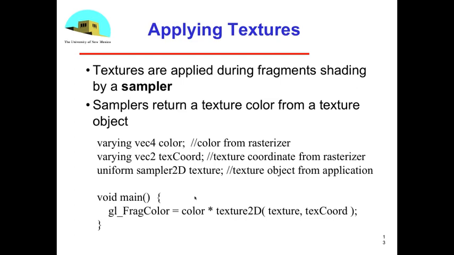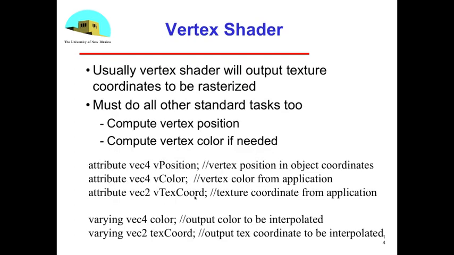What about the texture coordinates? Well, generally what you're going to do is, when you set up your vertices, their positions and their colors if you want, you also set up a texture coordinate as another attribute. So as far as the vertex shader is concerned, there'll be something we'll call vTexCoord that is sent over from the application as just another attribute.